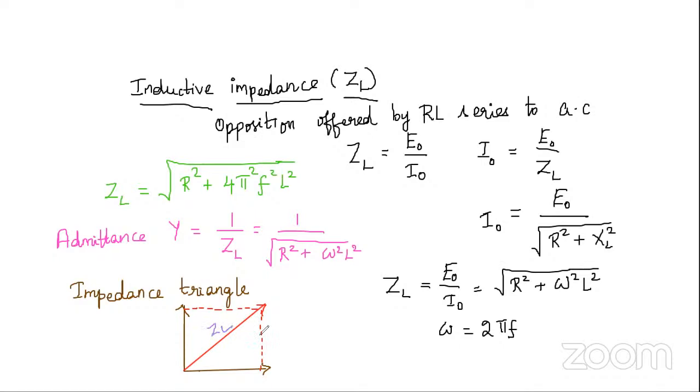And the y-axis it is XL, right? So this is R. We will be having the phi here. So this is called impedance triangle.